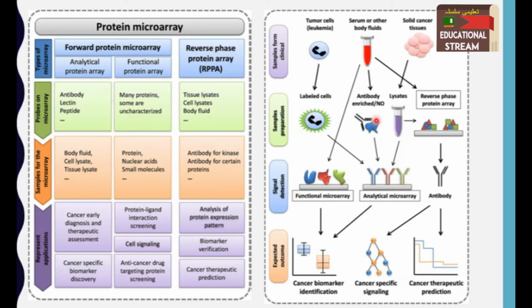Similarly, if these proteins interact with the analytical microarray which contains the specific antibody against those proteins, then we can identify the cancer biomarker. In case of reverse phase protein assay, we are using the different proteins from the cell lysate, and if these proteins interact and we have identified an antibody, then we can move towards the cancer specific signaling pathway, or we can predict the cancer therapeutics.